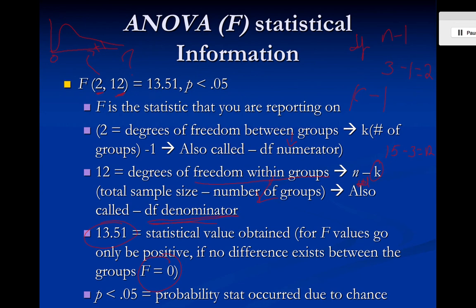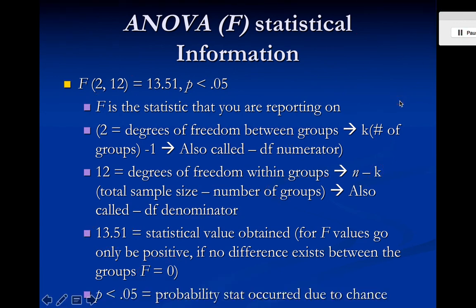When I found my critical value and began my region of rejection, I'm assuming now that my statistic of 13.51 landed in the region of rejection, thus confirming that I rejected the null hypothesis. So whenever you read this format, as we did with our independent and related samples t-test, if p is less than 0.05, we're assuming that your statistic landed in the region of rejection, so thus there are differences between the groups.